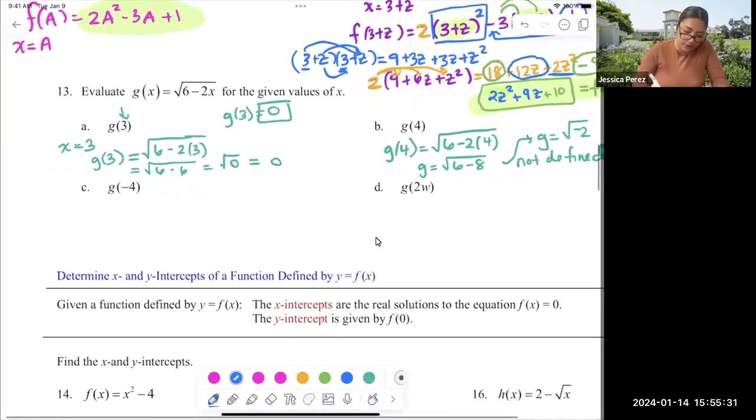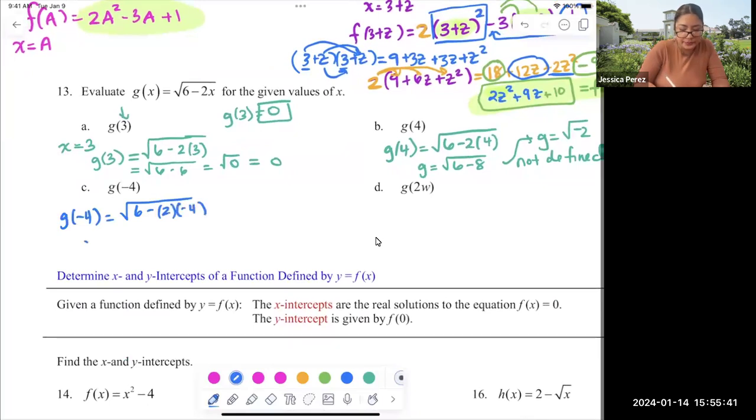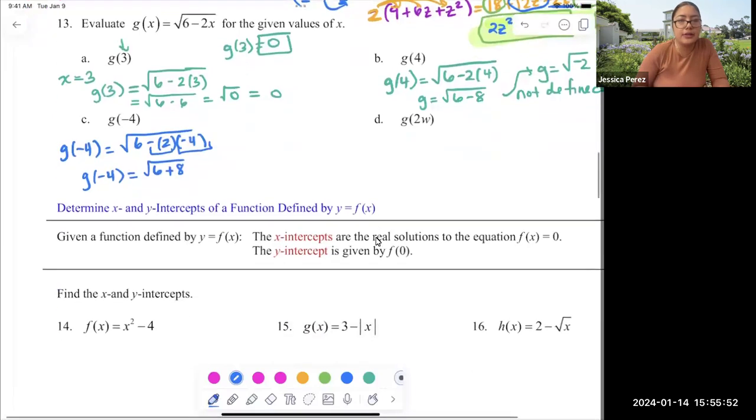Now what happens if x is equal to negative 4? So now you're substituting 6 minus 2 times a negative 4. It's going to be equal to the square root of 6, now plus 8, because negative 2 times negative 4 gives you a positive 8.